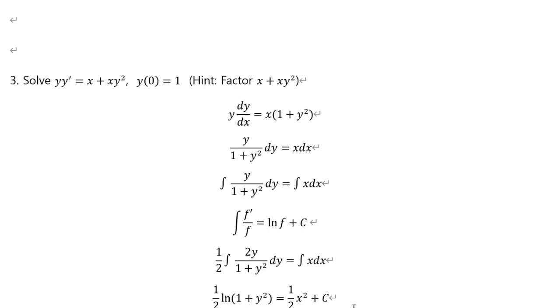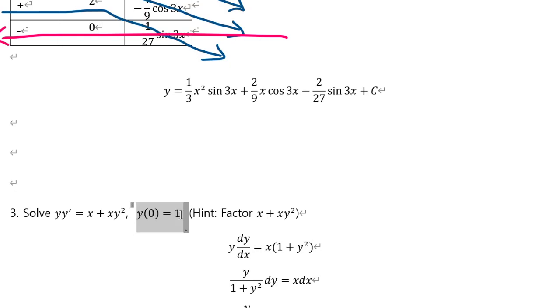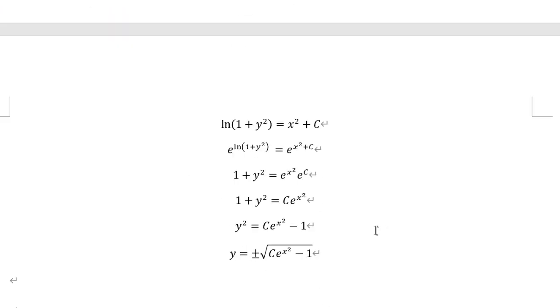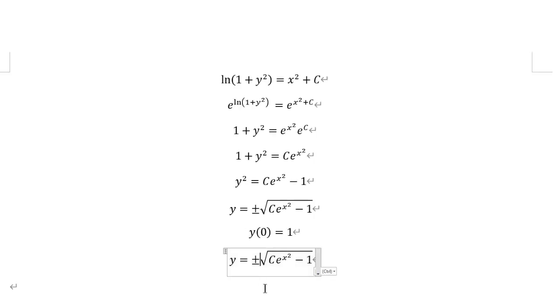But that's not it, because we still need to satisfy the initial condition. If y of 0 is 1, let's see what that means. First, because the value is positive, I can't have the minus, so it must be the positive one.